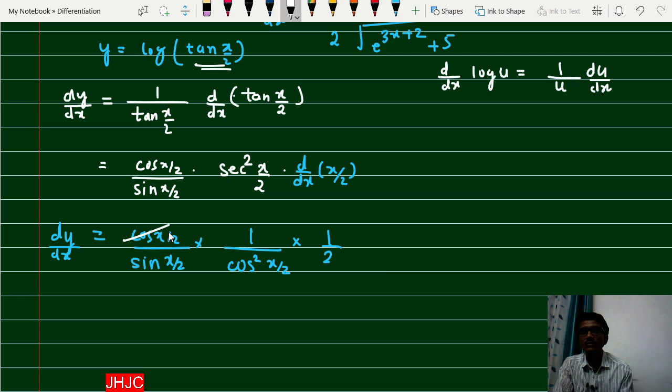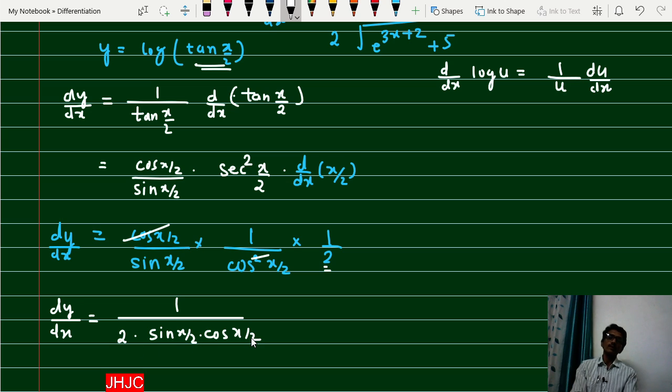So one cos x by 2 will cancel, and finally we will be getting here dy by dx is equal to 1 upon, this 2 we write first, so we will be writing here 2, then sin of x by 2 and into cos of x by 2.